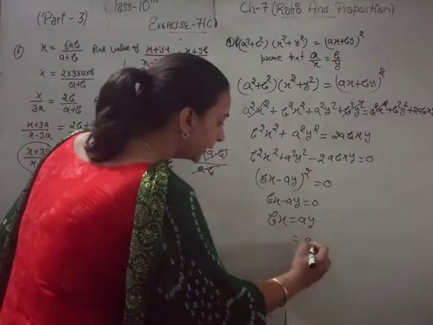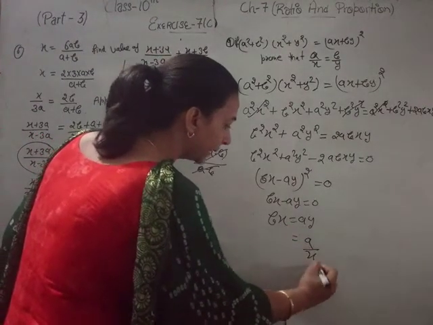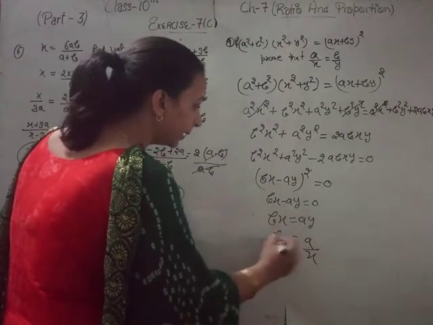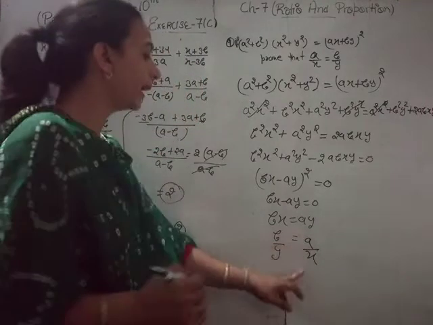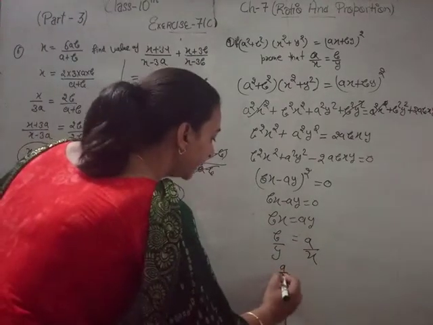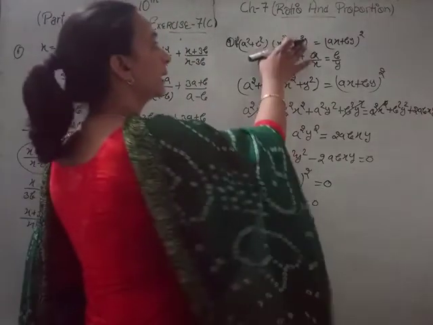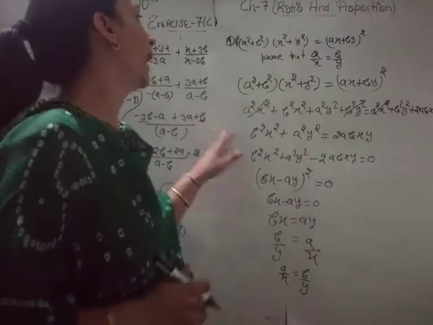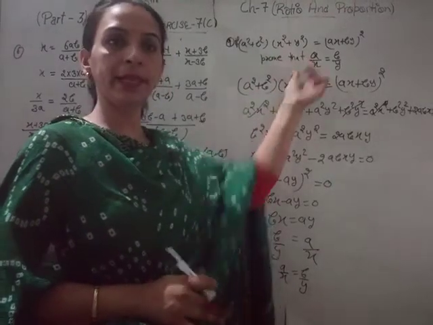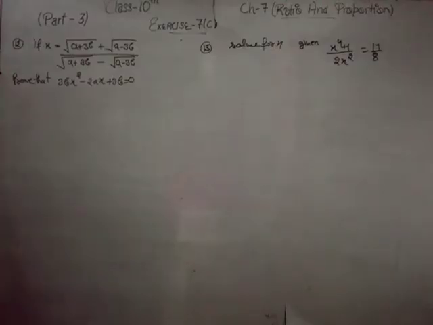Then a as it is we write, x on this side, then divide it, and b as it is and y. A by x, b by y. We write this a by x, b by y. Okay, if this is given, with the help of this we have to prove that this. Okay, then this is next question, question number 12.